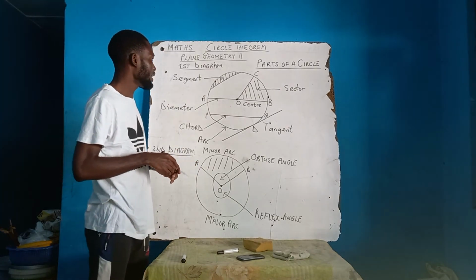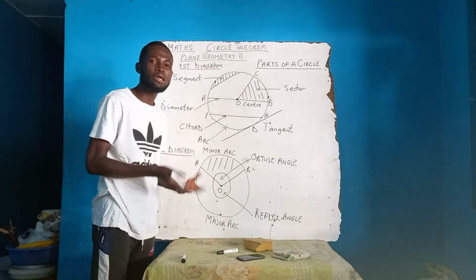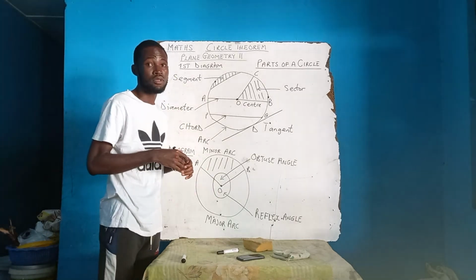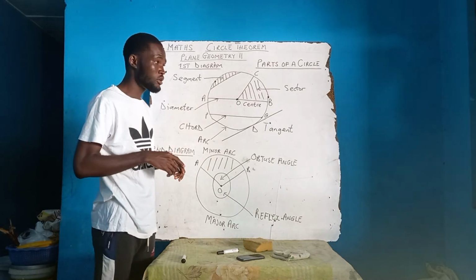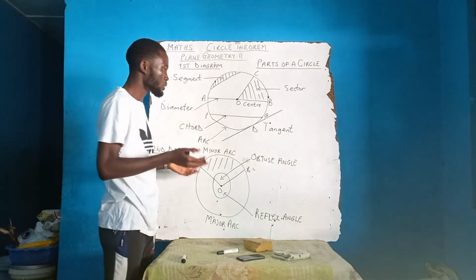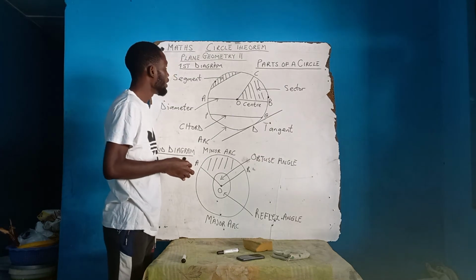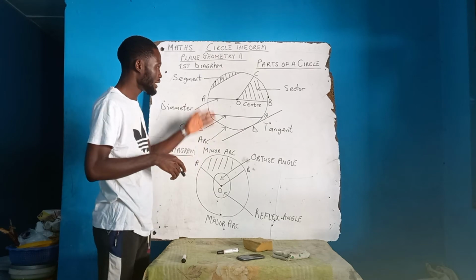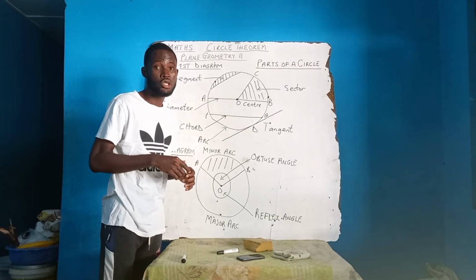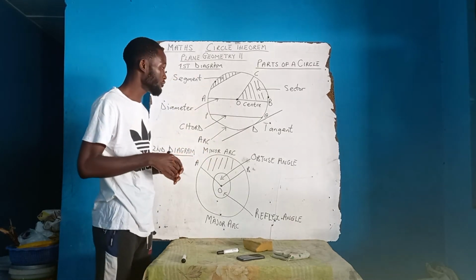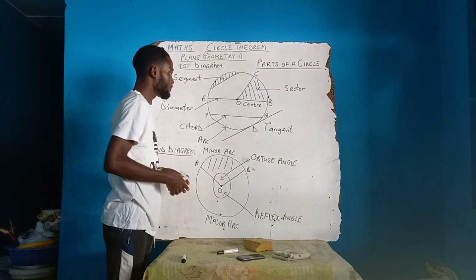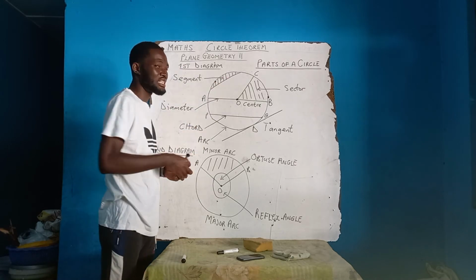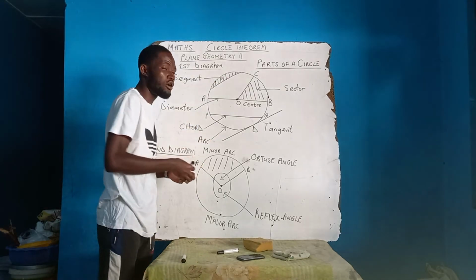So these are the standard parts of a circle that we'll be making reference to when we are tackling circle theorems. I trust you grasp what we've discussed thus far under parts of a circle. Like I stated, these are the foundations to circle theorem, because most of the theorems will make reference to either the center of a circle, the diameter, the chord, or sometimes the arc of a circle.